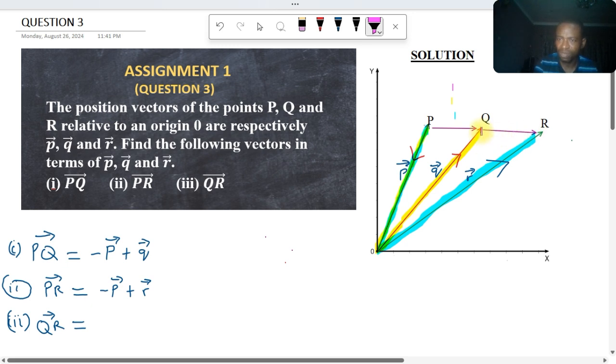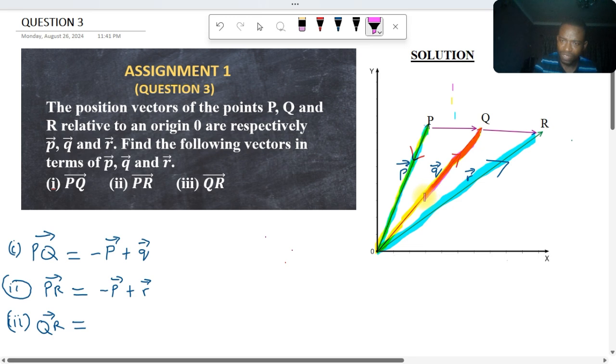This direct path Q to R is not known, but I know this one as small letter Q, I know this one as small letter R. I can take that route and get to R from Q. So let's take the movement now to be in this direction.